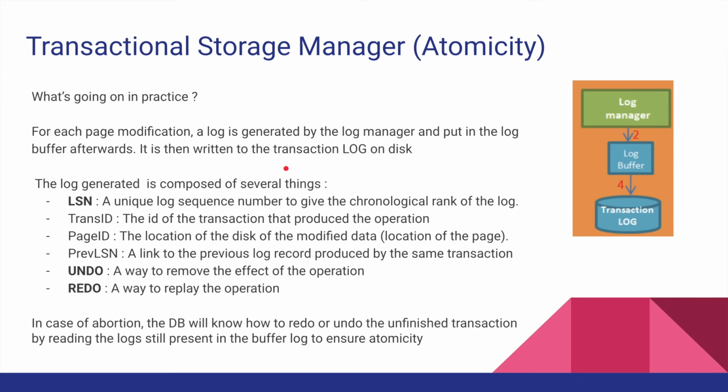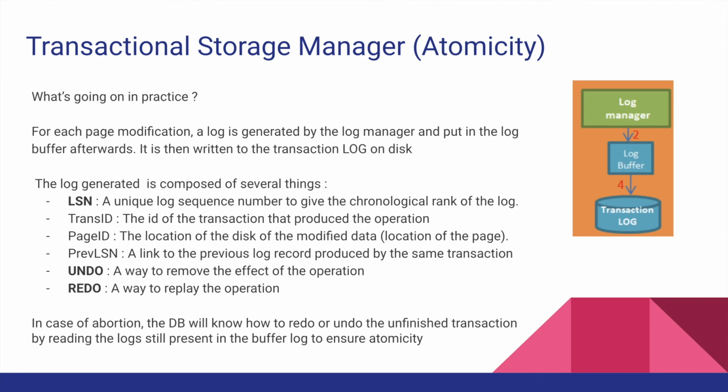First one is the LSN, which is a unique number given to the log. This number is the chronological rank of the log. The transaction ID, so the ID of the transaction that produced the operation, the page ID, which is the location on disk of the page, prev LSN, which is a link to the previous log record produced by the same transaction, the undo operation, which is a way to remove or reverse the effect of the operation, and the redo operation, which is a way to replay the operation.